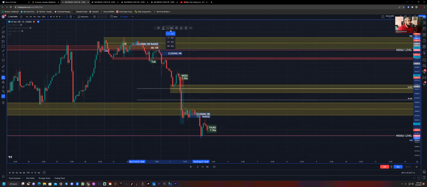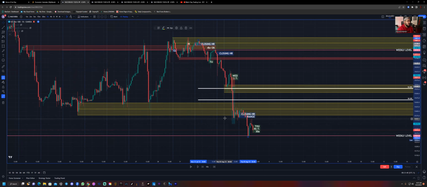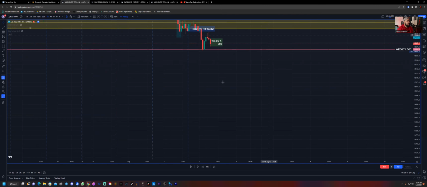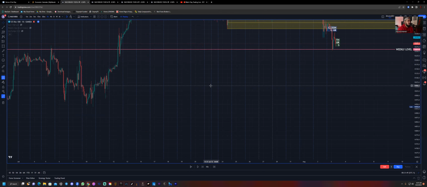Because this gives me two levels. It gives me a 38% and a 50%. And I'm going to see how price reacts to both of these. I'll keep this gold bar up here for the time being, but if we were to continue south, I would want to know where price would be the most obvious to turn around.